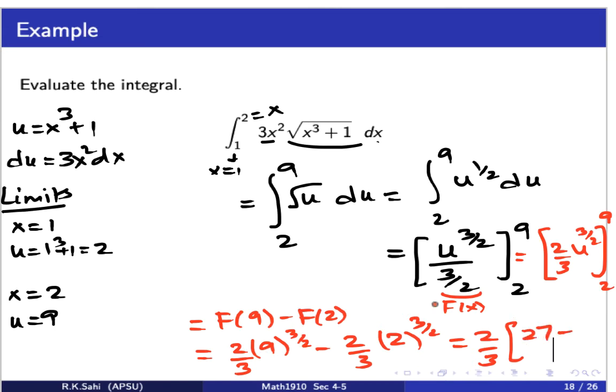Now using our calculators, we can write 2 to the power 1.5, that's 2.82 roughly, and the final answer would be roughly 16.2.